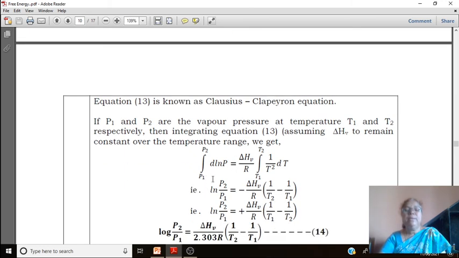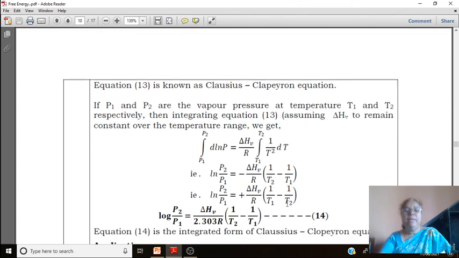Here we get ln P2 by P1 equals minus delta Hv by R into the bracket 1 by T2 minus 1 by T1.